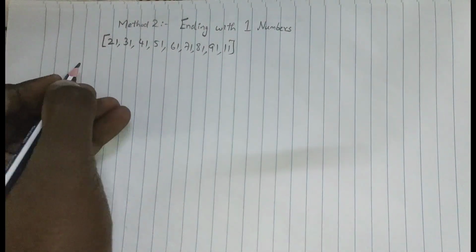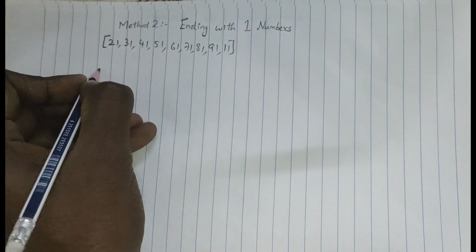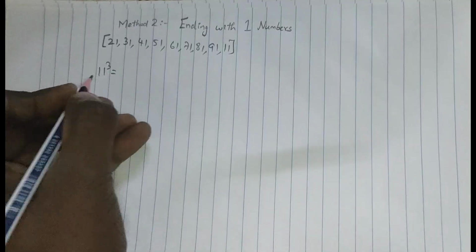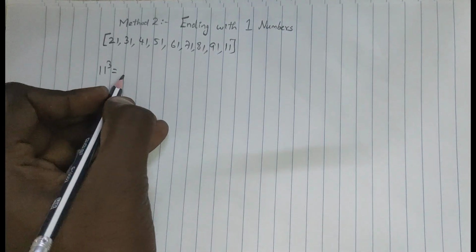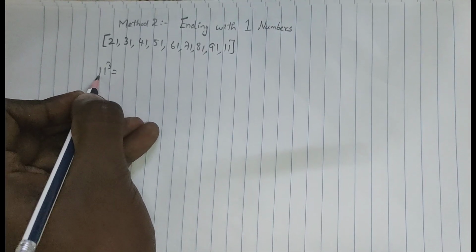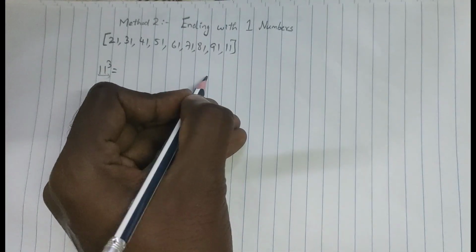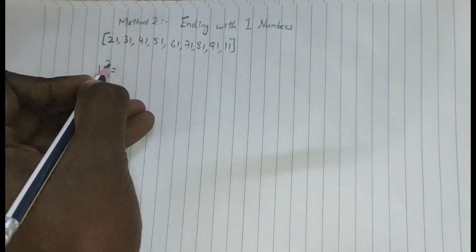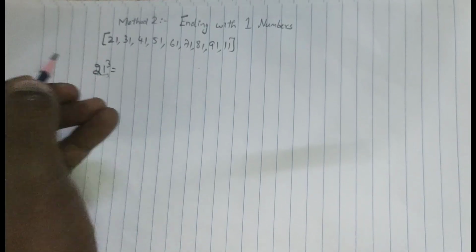For this method we will write the cube the other way around. In the first method we wrote the number from this side, but in the second method we write the number from the last side. Here we can write it for 21 cube.